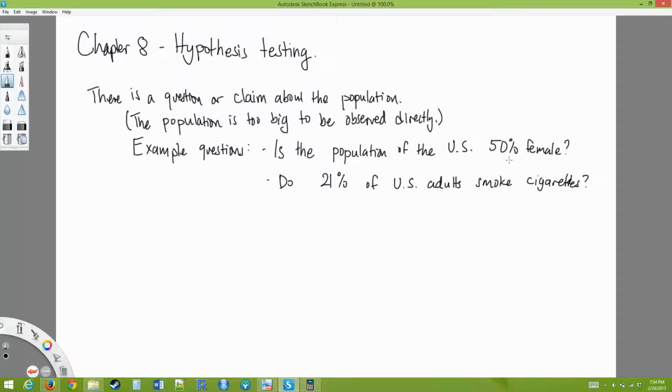When you're doing hypothesis testing, there is a specific value in your question or in your claim that you are testing.